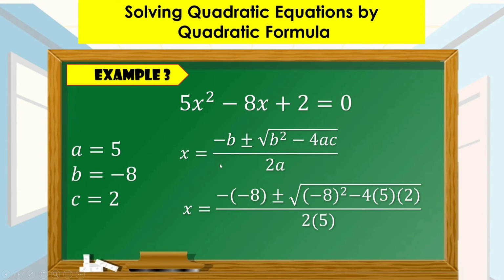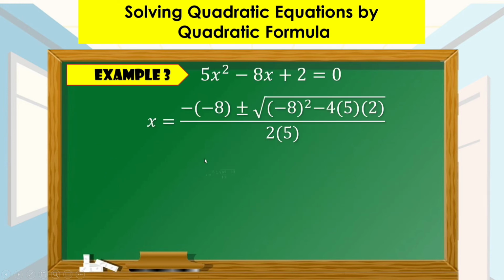Pag po malilito, meron na po agad sa formula natin na negative. And then, ang value po natin ng b is may negative pa ulit. Kaya we have negative 8. Plus or minus the square root of negative 8 squared minus 4 times 5 times 2 all over 2 times 5.